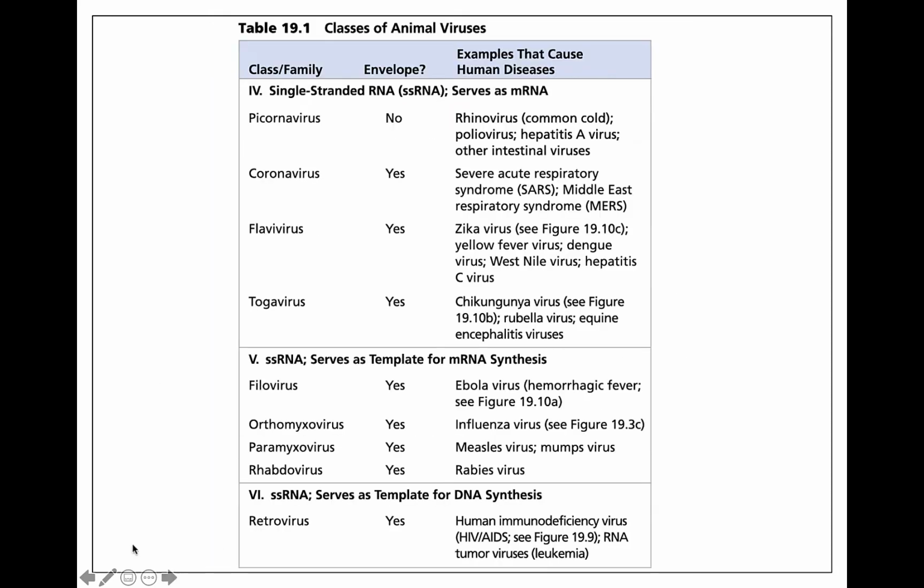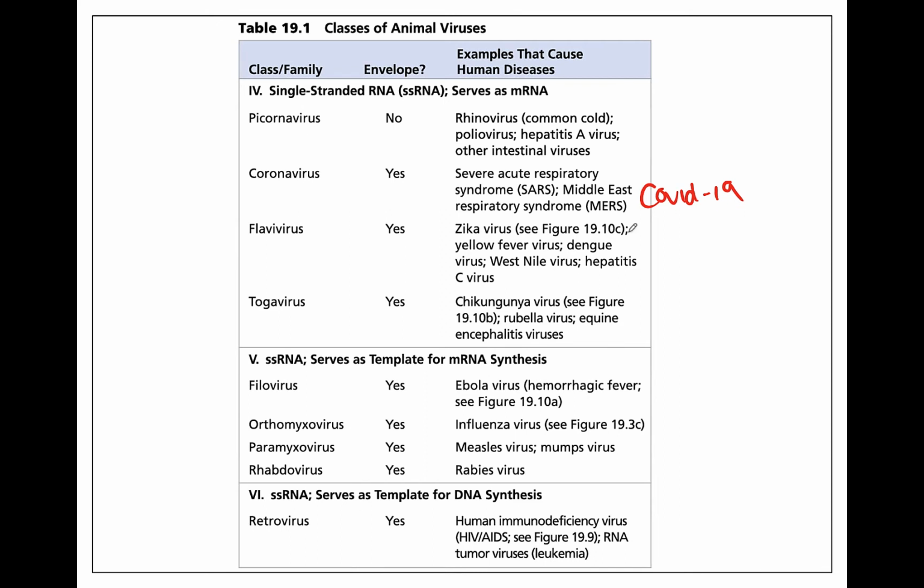And then a lot of the viruses that infect humans specifically are RNA viruses. So this group up here, we have single-stranded RNA, where the RNA is a messenger RNA. So you can see here's coronavirus. So that causes SARS and MERS. We should add to that COVID-19.